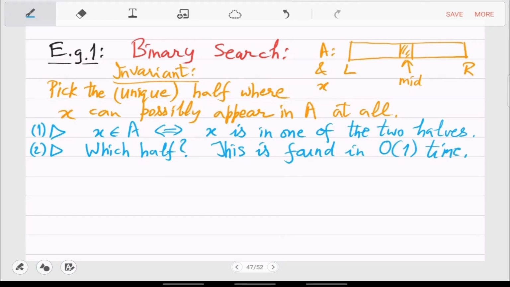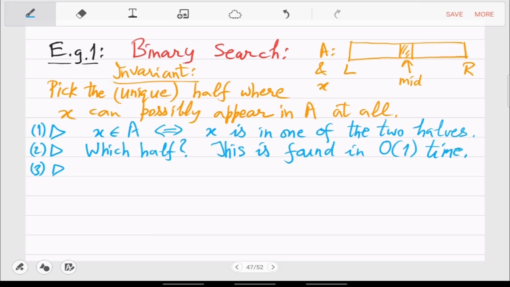Because you just do a comparison with mid and then you decide which way to move. So this is a very simple pseudocode fragment. I'm not giving the proofs, but you have to give the proofs of each of these statements, which should now be trivial for you.